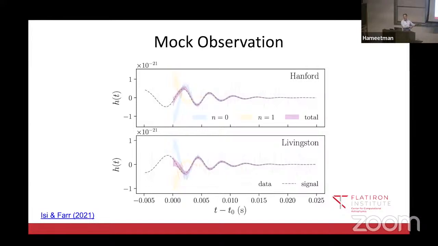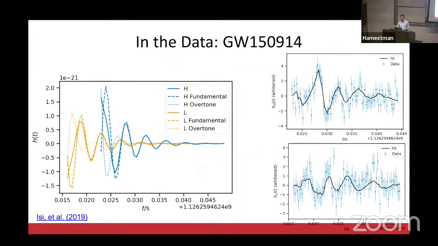And you fit this model with two overtones, you can extract the remnant mass and spin, as if the model was perfectly in the linear regime and described by this sum of damped sinusoids. And in fact, Max Isi and Matt Giesler and I and Saul Teukolsky and some other folks did this for the very first detection, GW150914, a few years ago.